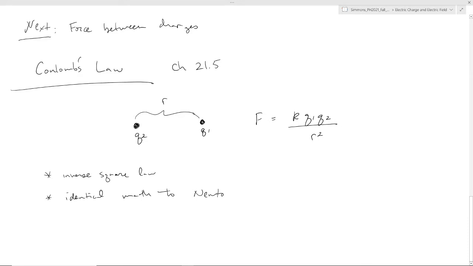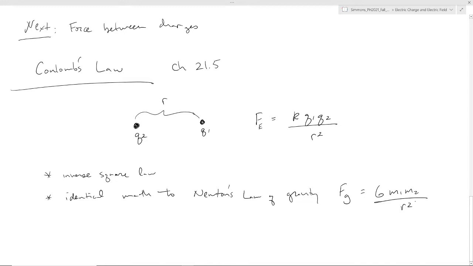If you recall from first semester physics, the force associated with gravity, and I'll put this one as electric force, was big G times the product of the masses divided by the square of the distance between them.